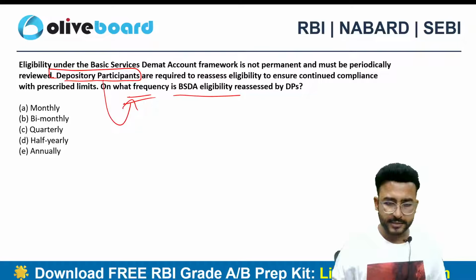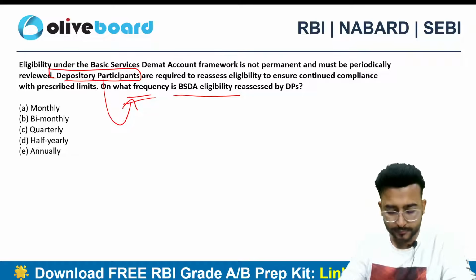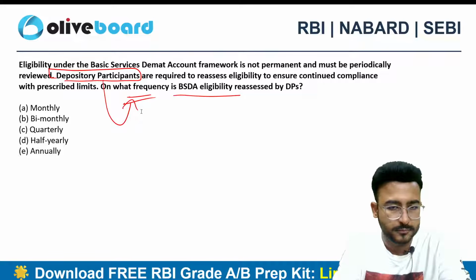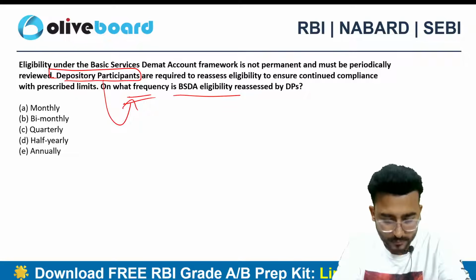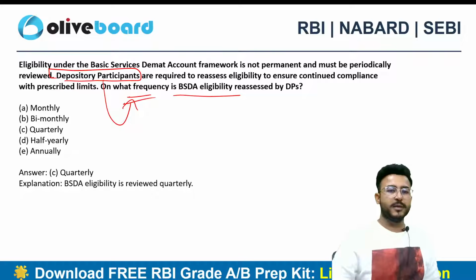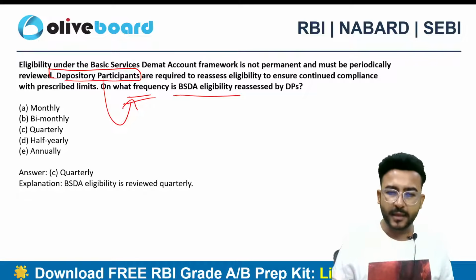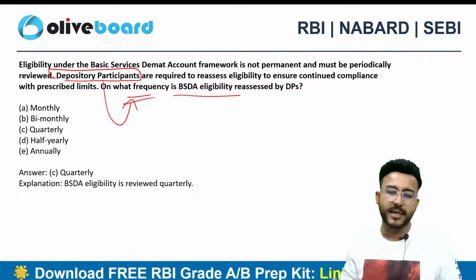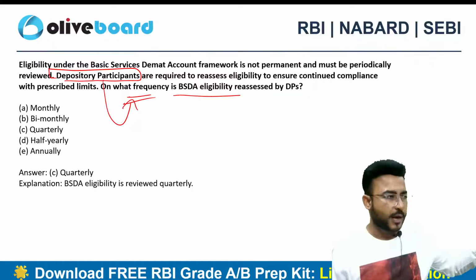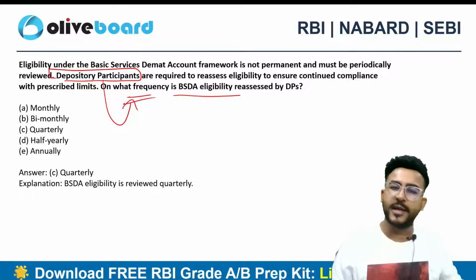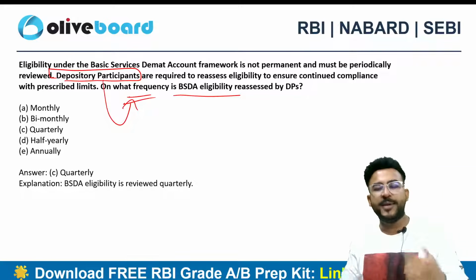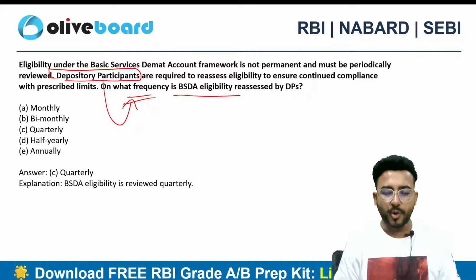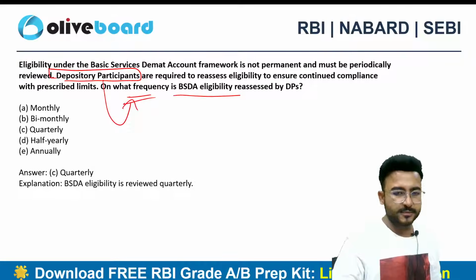A very straight question. Yes, that is quarterly. So depository participants like brokers are now required to check the eligibility. Let's suppose I do have an account with Zerodha. Then Zerodha needs to check my eligibility for the basic service Demat account on a quarterly basis from now onwards as per the SEBI circular.